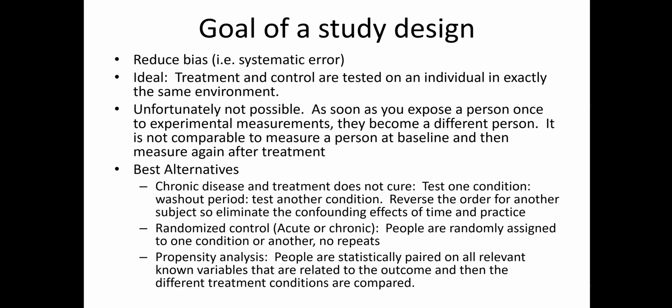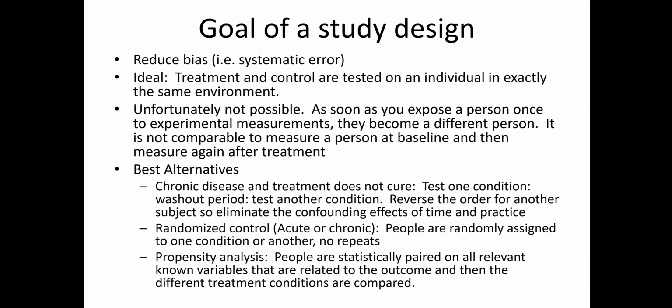Now that sounds pretty similar to the one we just said was really bad, but it's a reasonable approach when you have a person with a chronic disease and you want to see how they do under two different conditions. So this method is only for chronic disease.